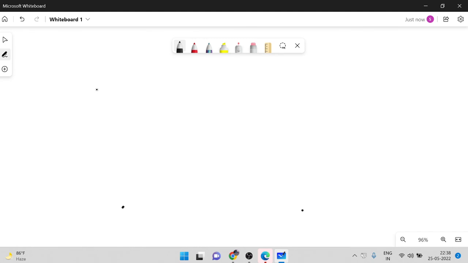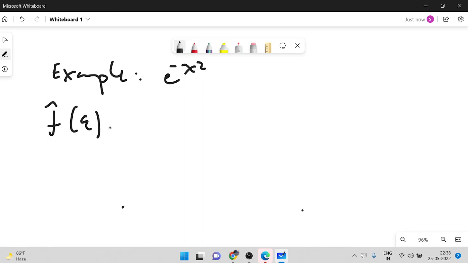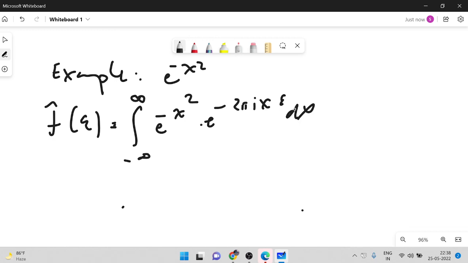Okay. So now I'll give an example. Let us try to find the Fourier transform of e power minus x square. So f hat of epsilon equals the integral from minus infinity to infinity of e power minus x square times e power minus 2 pi I x epsilon dx.